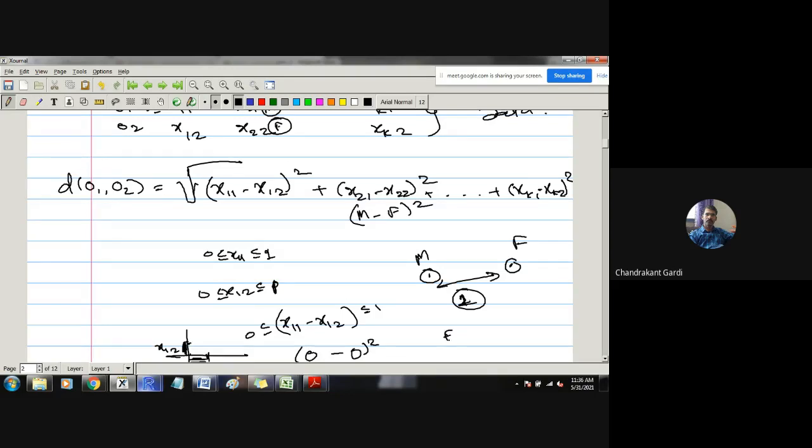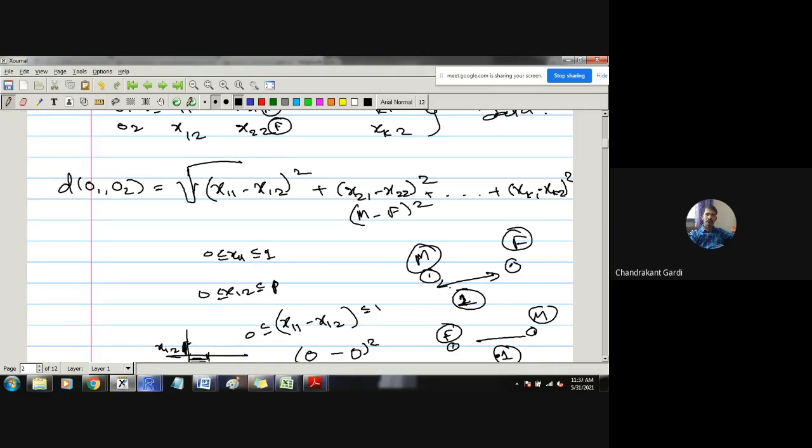Or it may happen that this one is F and this one is male, still we will take this difference to be 1. If we take this difference as -1, then we are introducing some hierarchy, as if male is superior to female and female is inferior to male, such kind of things will happen, and therefore F minus M is -1. So we will not do like that, because even if we take 1 or -1, we are going to square it.